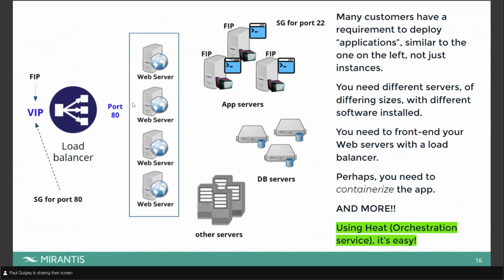Other little details on the slide. The load balancer is going to give you a virtual IP. So when we deploy, you'll see in the demo, we're in the 10 dot network. My virtual IP is in my 10 dot network. I can't get to that from outside. I've got to have what's called a floating IP address, the FIP. If you know AWS, an elastic IP, same concept.